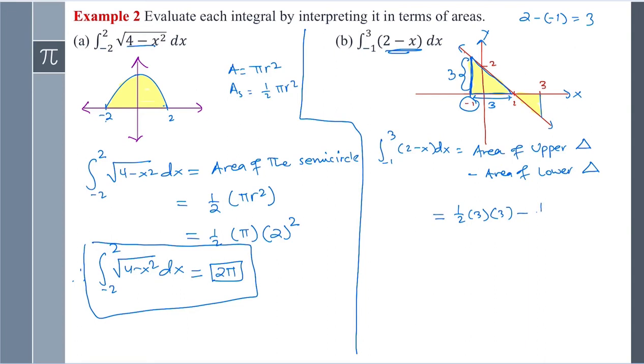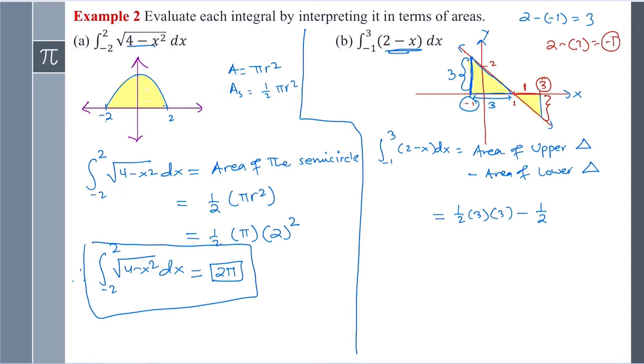minus the area of the lower triangle here. Now the base of that lower triangle, we go from 2 to 3, so this is 1, and this is the height. The height of the triangle is, we plug in 3 into our function, so 2 minus 3, which is -1, but it's a height, so we consider that as a positive number.